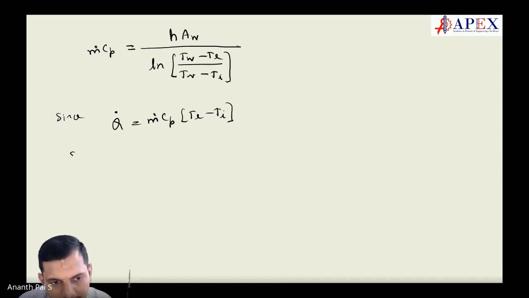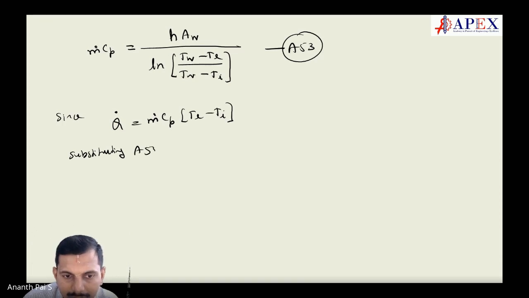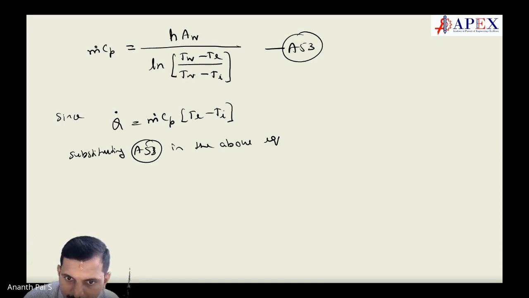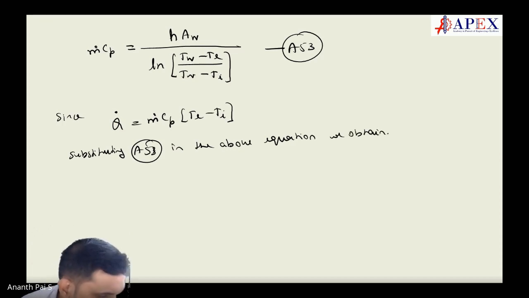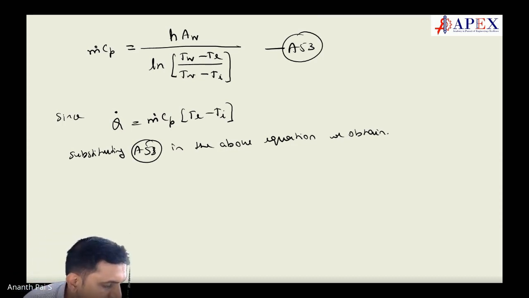Now, substituting, say this is arbitrary 53, substituting arbitrary 53 in the above equation, we obtain that m dot cp.